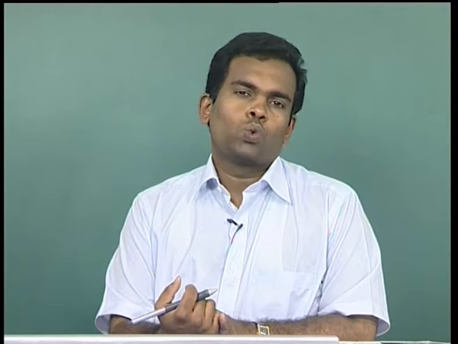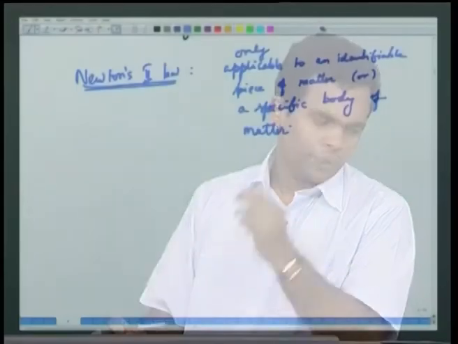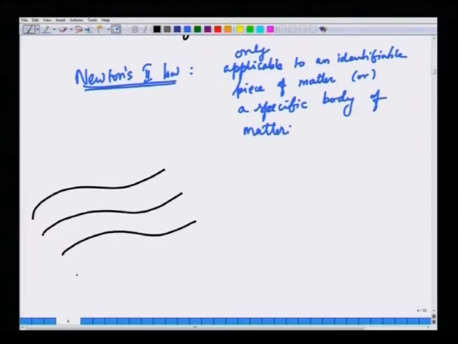Rather, as I have been mentioning in the last couple of lectures, we are interested in what the force on a surface is, and we are not really worried about which particular fluid particle or which set of particles exert that force. But in principle, at least in fluid flows also, we can identify a set of points. Suppose you have a fluid flow like this. These are the streamlines.